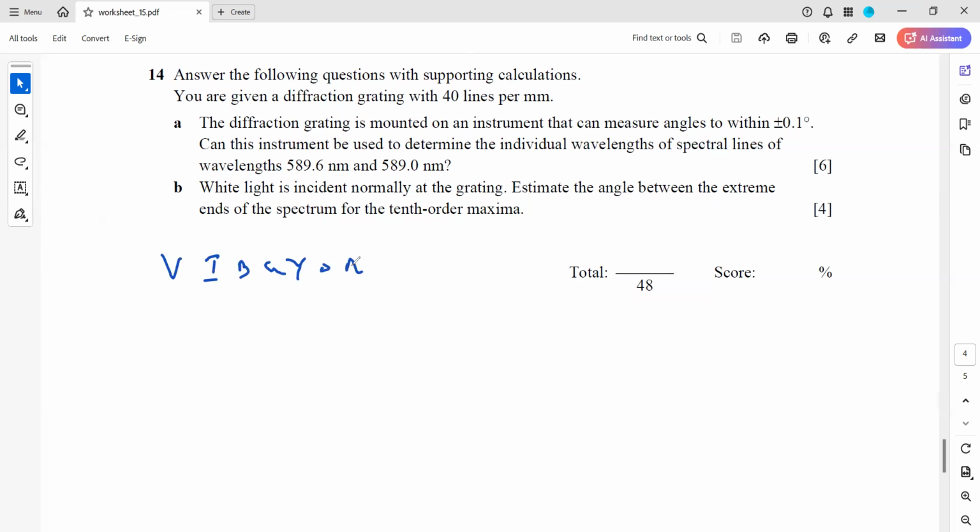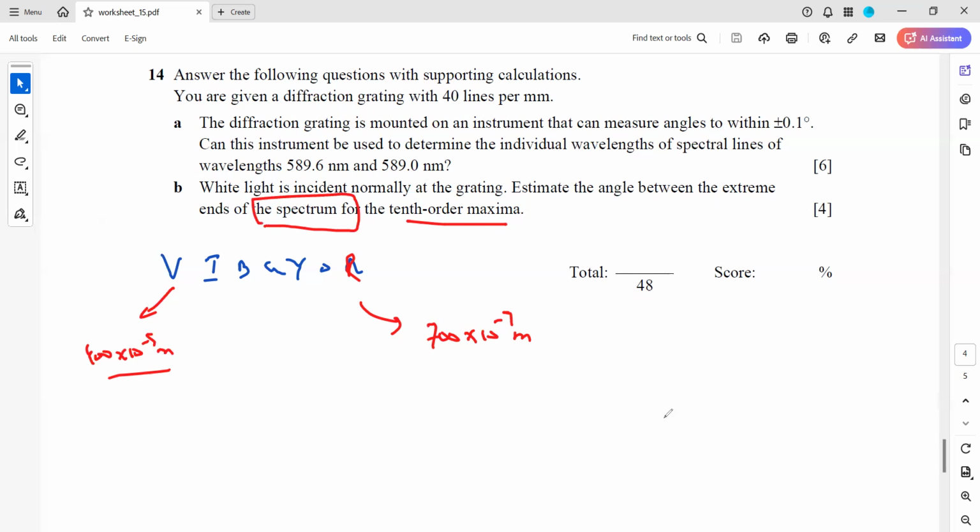What is the wavelength of red? 700 nanometer. Memorize this value. What is the wavelength of violet? It is 400 nanometer. And for a 10th order maxima, we need the angle between the extreme ends of the spectrum. Spectrum means band of color.